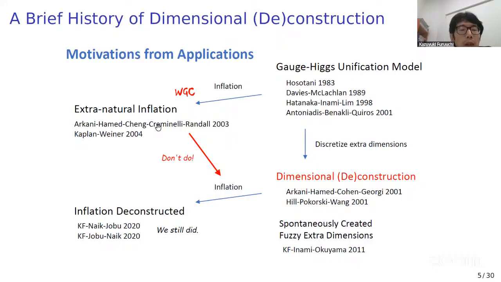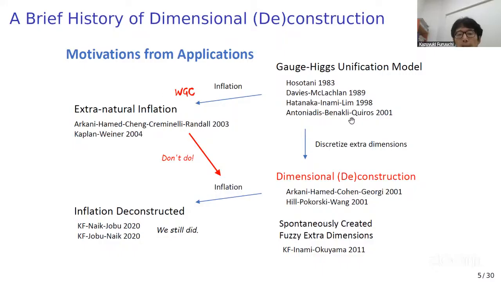But somehow this model was hard to build in string theory. Then there was a proposal that this direction is strictly restricted, called the weak gravity conjecture. Small coupling is required to achieve large field inflation, but small coupling is forbidden by the weak gravity conjecture.